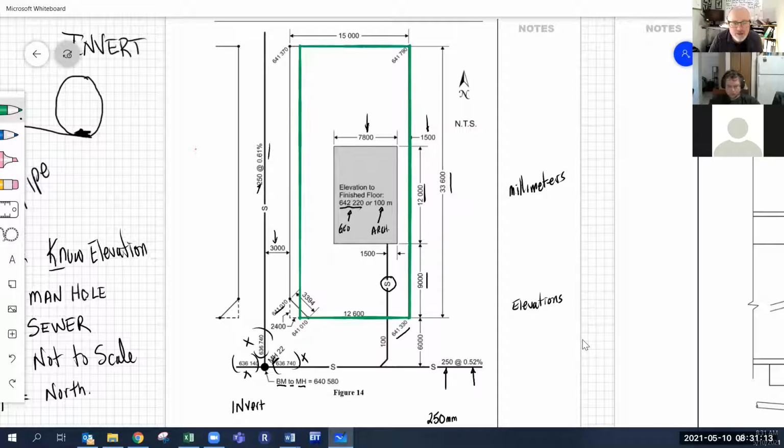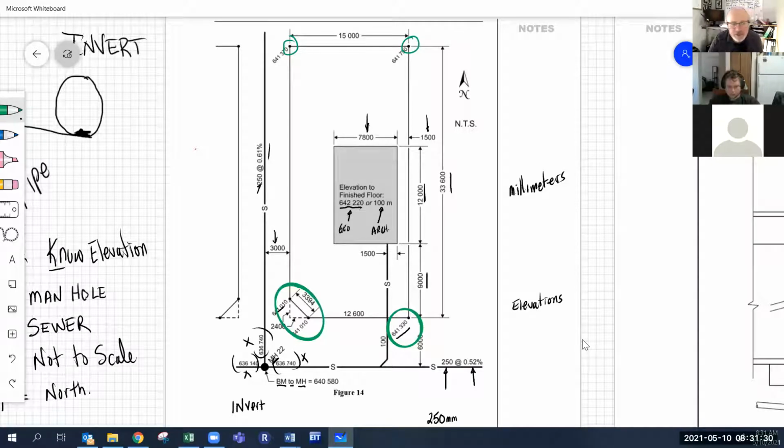Okay, that's the property line for that house. These corners are just given elevations of the property. Those are given elevations. This is a measurement of this little corner here. It looks like that, sort of.